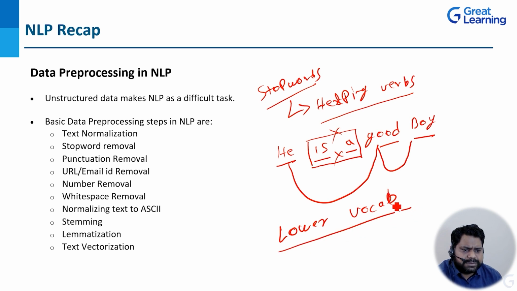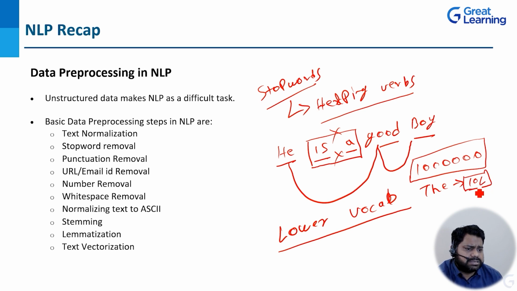Since it's one sentence, now imagine if you have a big data corpus, then there is a chance that "the" is coming 10 lakh times. Every time it will come, but it is not impacting your result, so we can remove them.